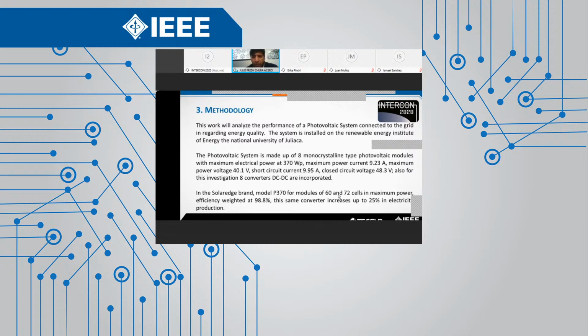This is for each photovoltaic panel, and in total the present study uses 8 photovoltaic panels. Also for the investigation, we have 8 DC-DC converters incorporated to the grid. In the SolarEdge brand, for models of 60 and 72 cells, the maximum power efficiency we take is approximately 19.8%.